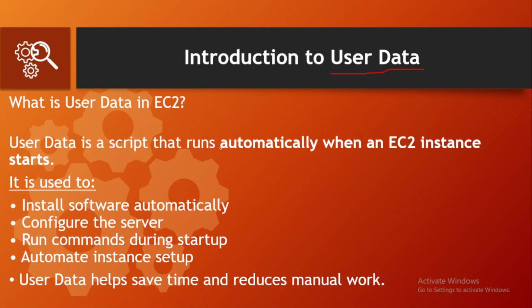Instead of manually logging into server and installing software step by step, we can automate everything using user data. With user data, we can do things like install software automatically, configure the server, run commands during startup, and prepare the instance for our application.